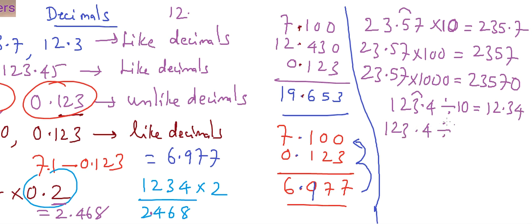Suppose I want to divide this by 100, then shift 2 decimal places to the left. So 2 decimal places, here 1 2, so the point comes here, so it becomes 1.234.